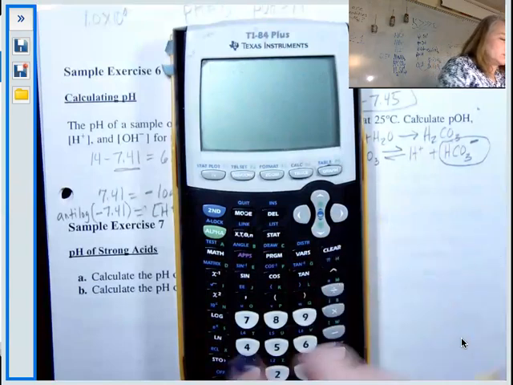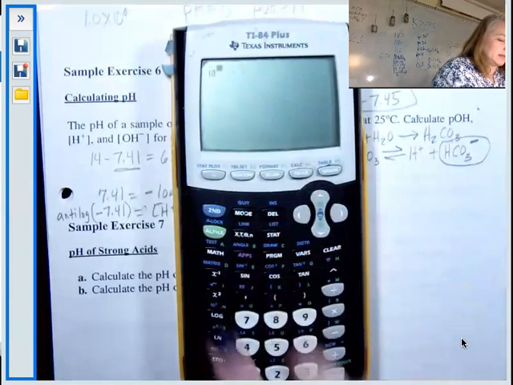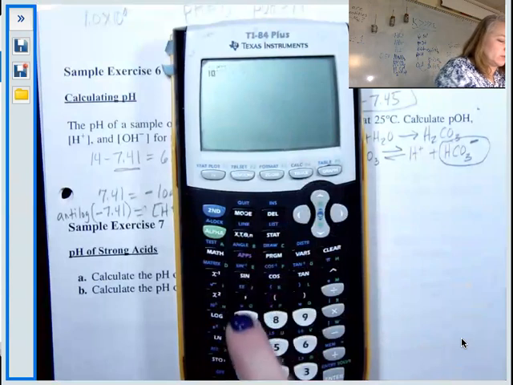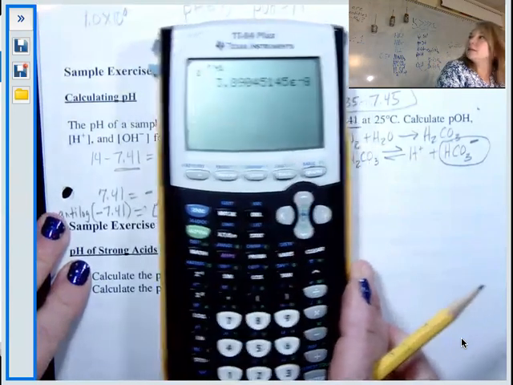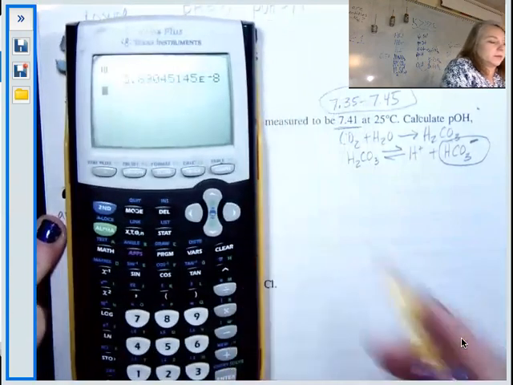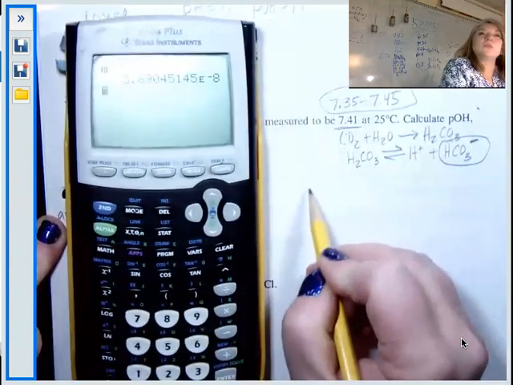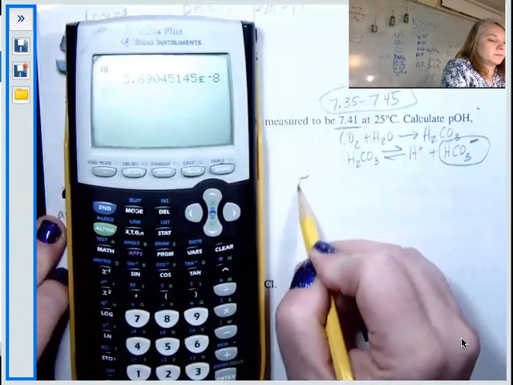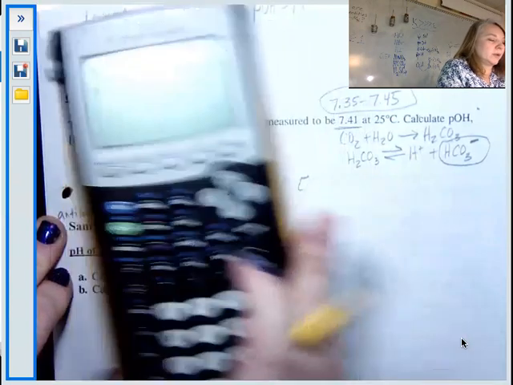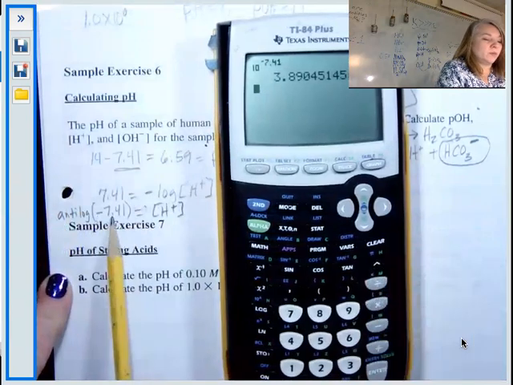All right, so what were we doing? Second log. I just wanted to show how we got that. And then we do a negative 7.41. That was our pH that we did that to. So what would that number give us? We just plugged our pH in.